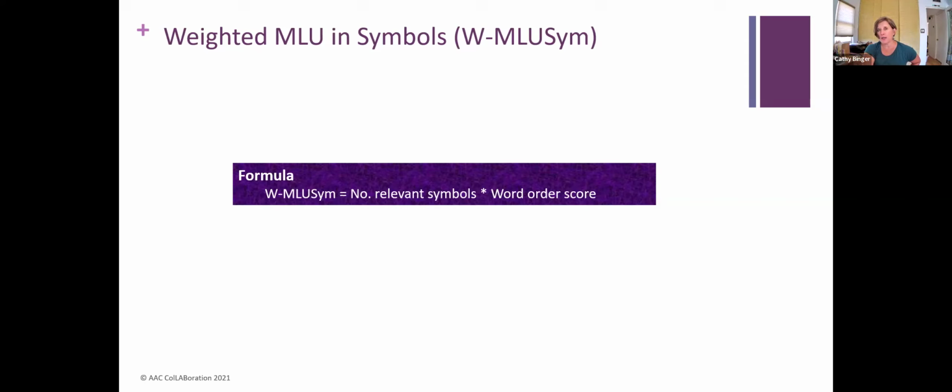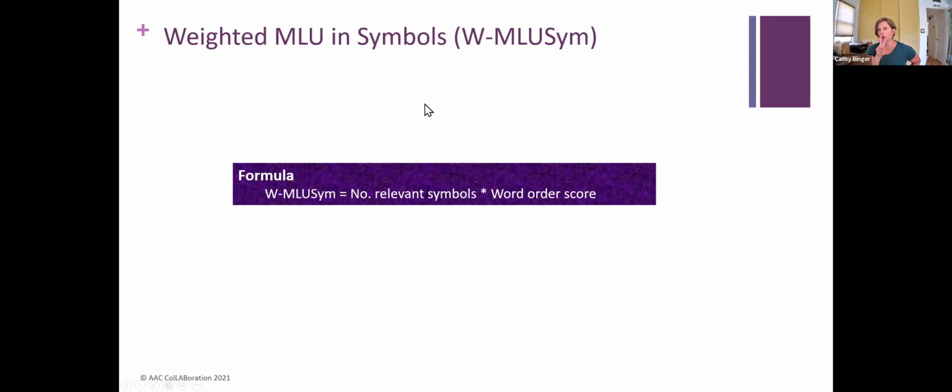There are all kinds of issues that I'm not going to get into in my short little video here for why using MLU straight up in aided language is problematic. We tried to address some of those known issues with our measure, where we're weighting the MLU, and I'm going to show you how we did it in a minute. We're looking at it in symbols.